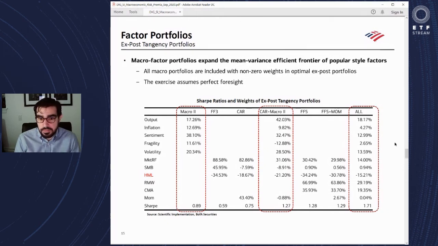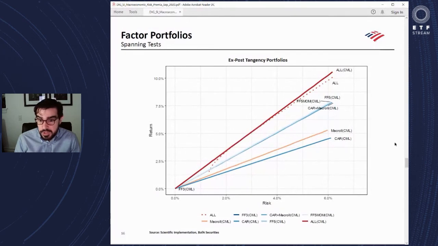And the same holds true for the case of the Fama French 5 factor model plus a momentum factor. The Sharpe ratio, again, goes up from 1.29 to 1.71.